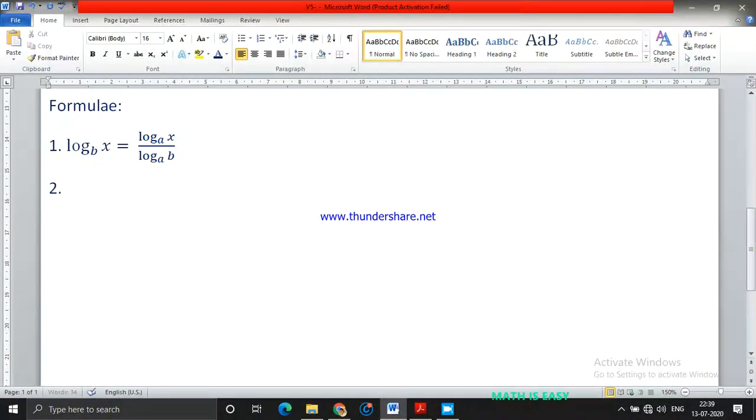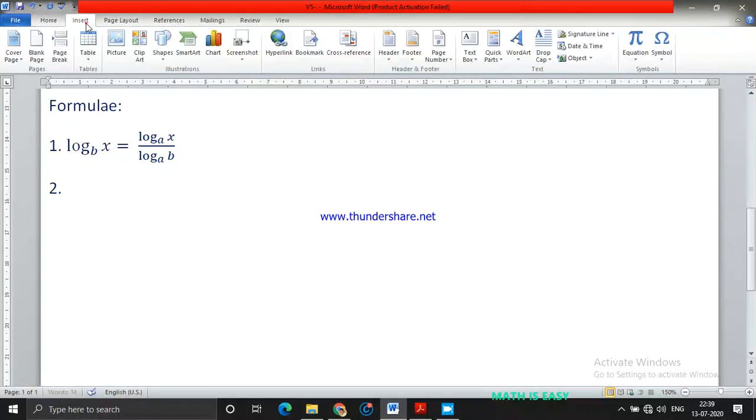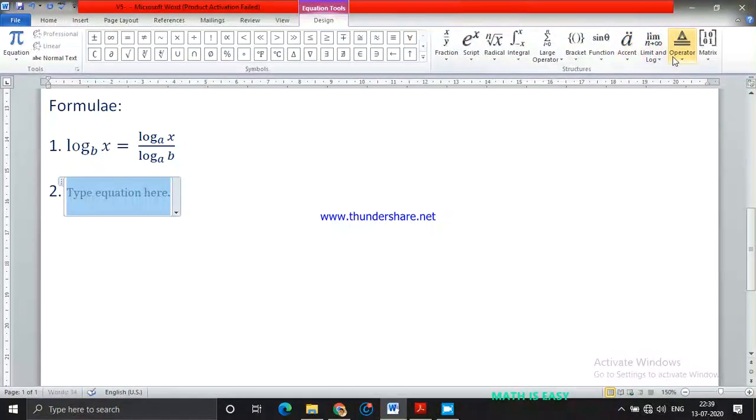The second formula which we have is log xy to the base a.